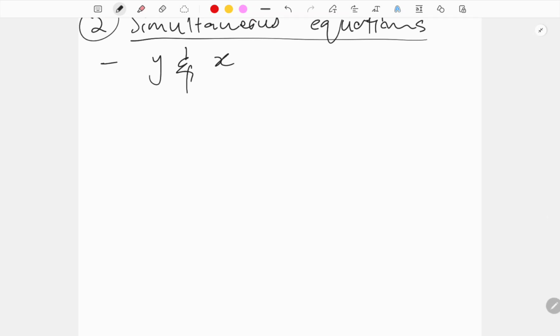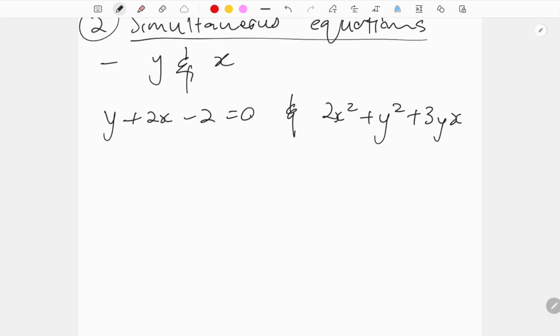You'll be given, let's say, y plus 2x minus 2 equals 0, and 2x squared plus y squared equals, so that it becomes more interesting.